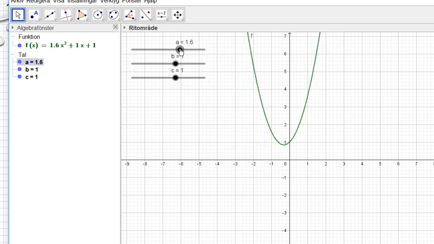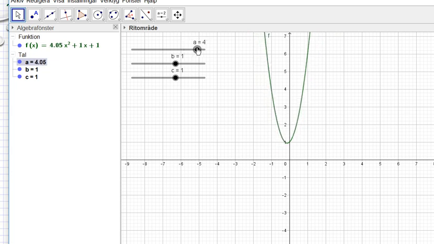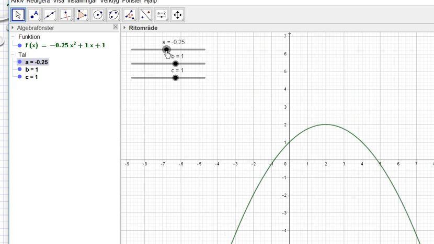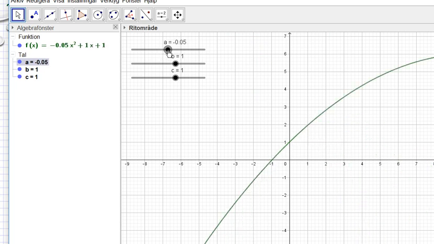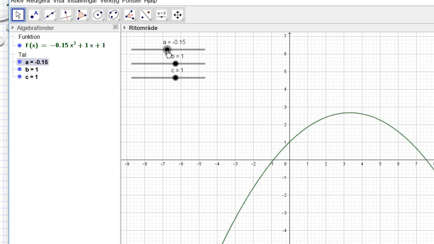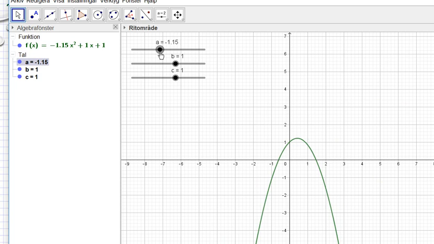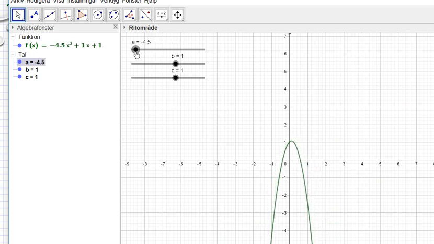As a becomes bigger, it becomes narrower. On the negative side, as you can see, when a is bigger, then it opens wider. As a becomes smaller, it becomes narrower.